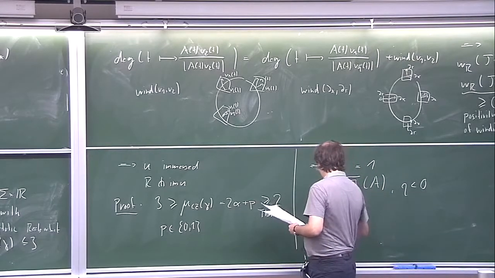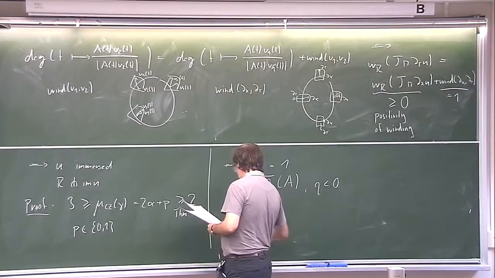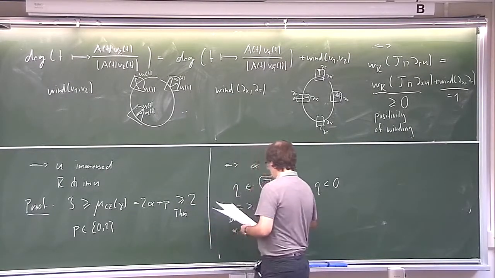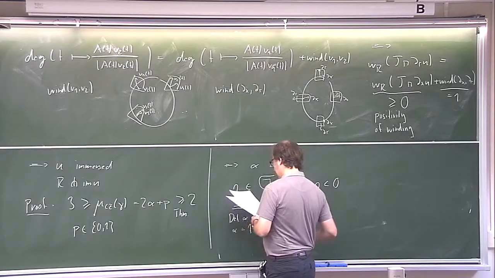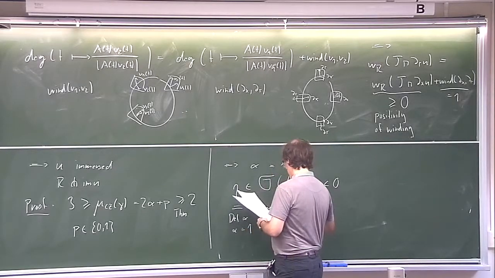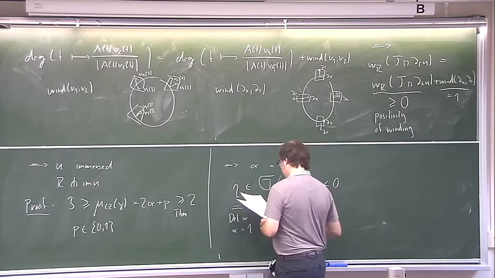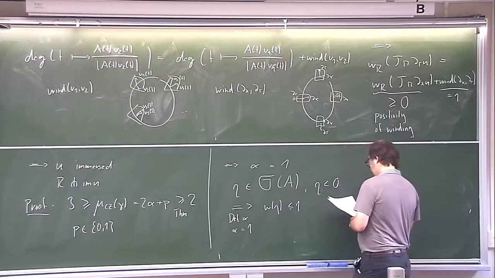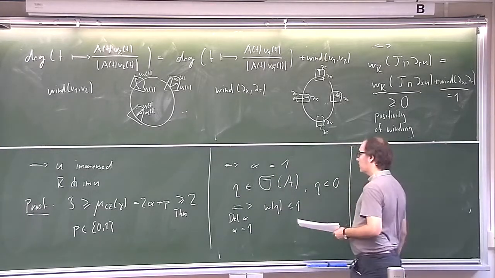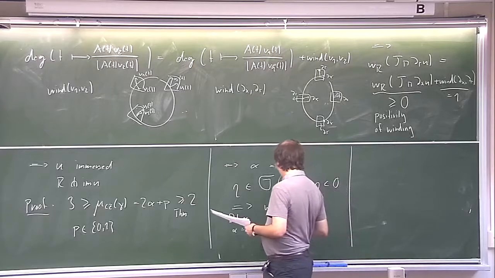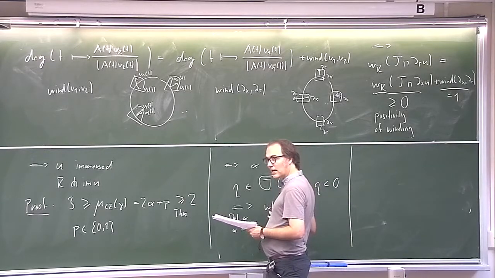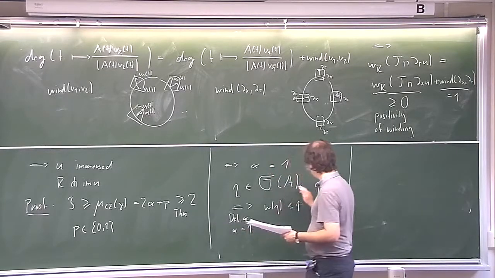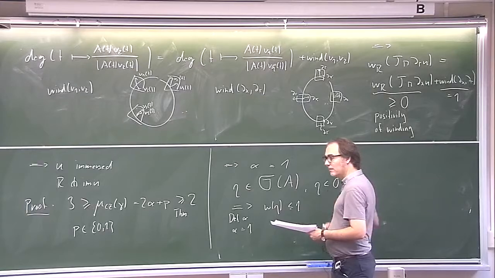Then by definition of alpha, because alpha is 1, we have the winding number of eta is equal to 1. So that means the winding number of the asymptotic eigenvalue is less than or equal to 1. Asymptotic eigenvalue is always negative.